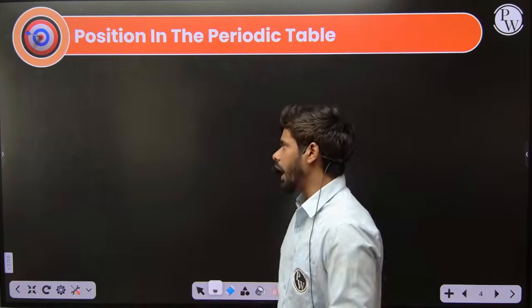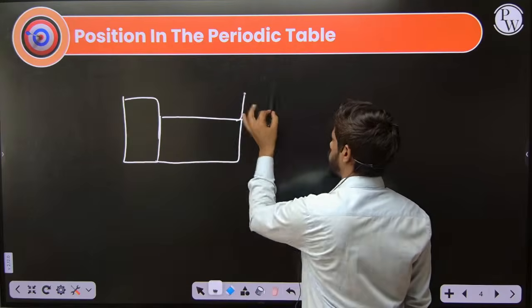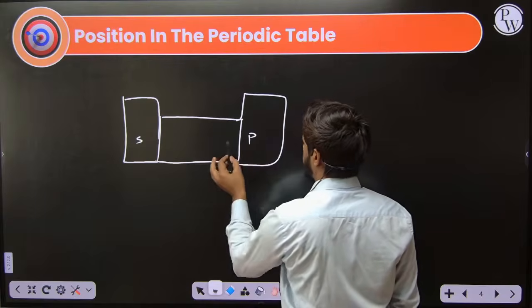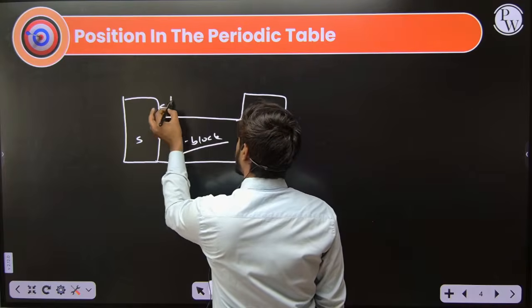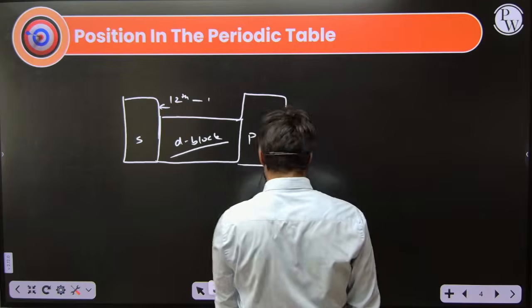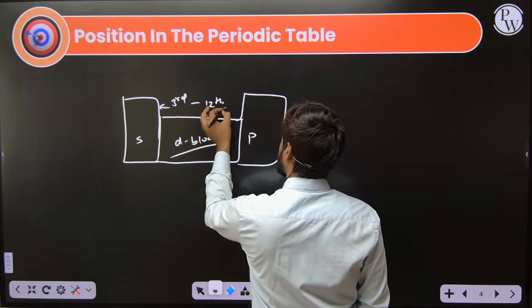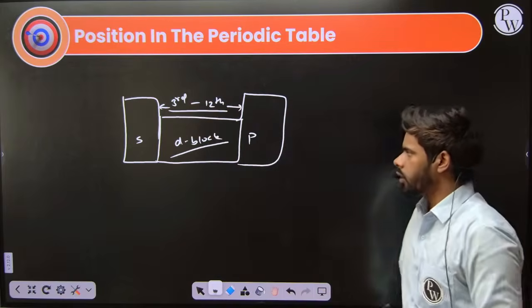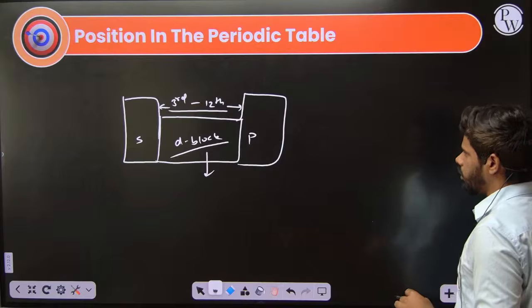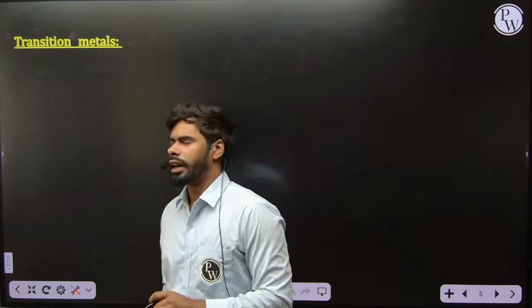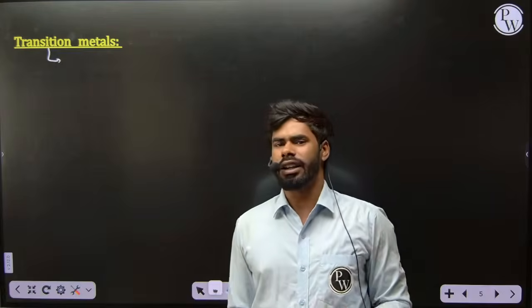The D block elements are positioned in between the S and P block elements, from group number 3 to the 12th group. These elements are also known as transition metals. So let's see the definition of transition metals. Basically, transition metals are those metals which lie between the S and P block elements.